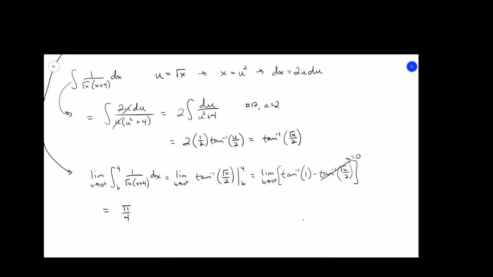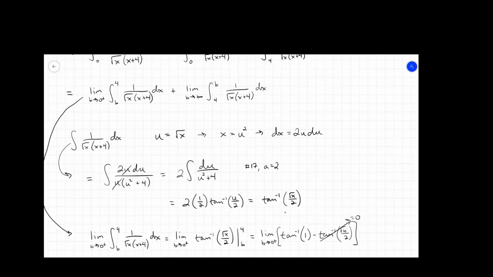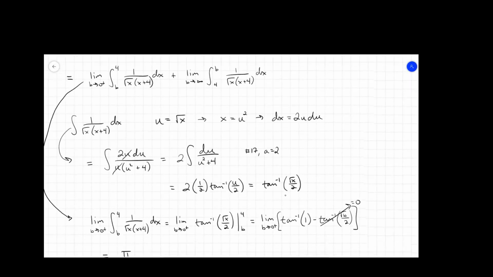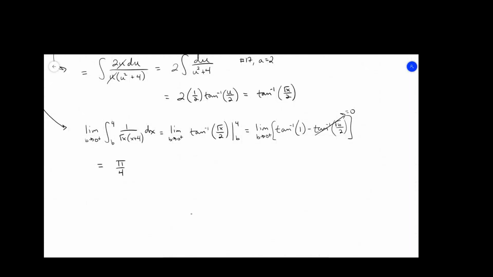All right, so that leaves then the other integral that we have to do, right? The one with b going to infinity, from 4 to b. So we'll do the limit as b goes to infinity, integral from 4 to b of the same thing, right? So we only had to find that antiderivative one time. It would be the same antiderivative, but now we just have a different limit to find.